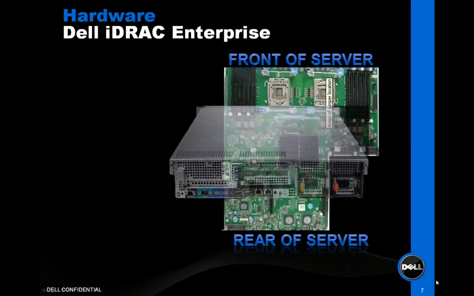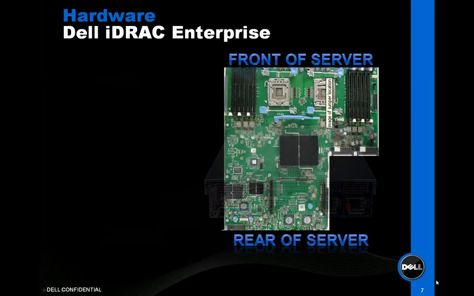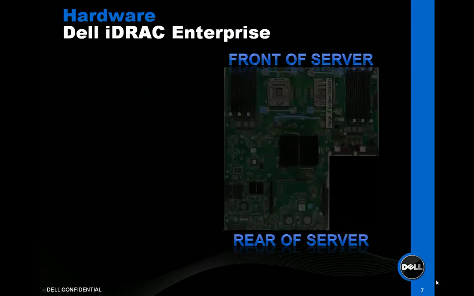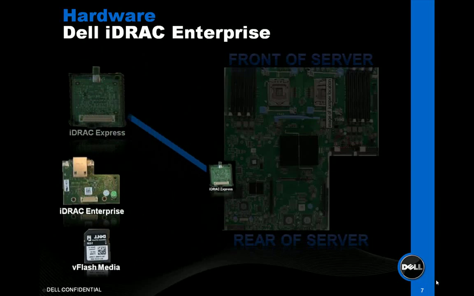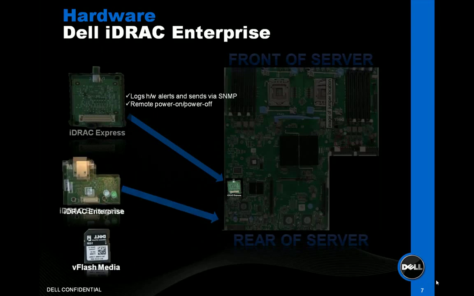So if we take a look at the inside of the server, we've got the front of the server at the top here, the rear of the server at the bottom. The iDRAC Express, as we said, is an embedded component on the motherboard. This logs hardware alerts and can send those alerts via SNMP to an email address or even to a central management console, as we'll see later on in the demonstration. And this is also a means of remoting into the server to power it on or power it off.